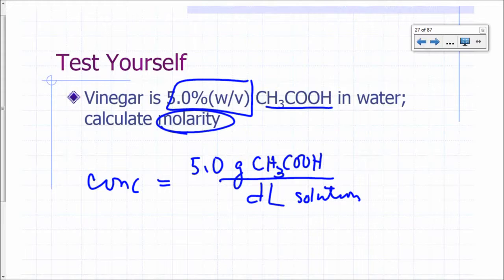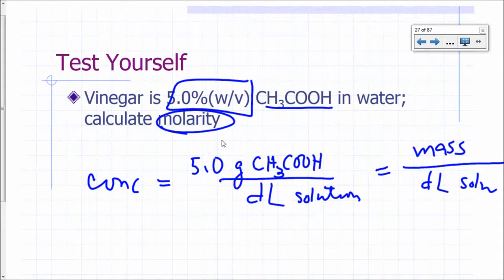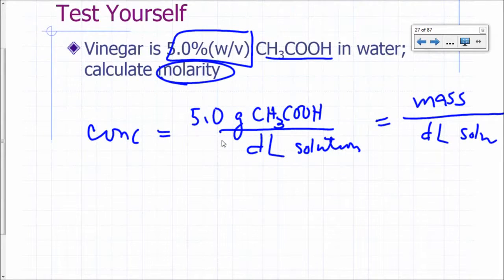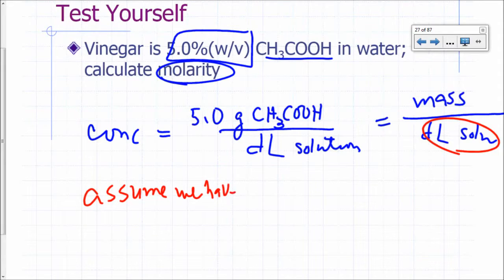So what did we say we were going to do? Assume that we know the numerator or the denominator. This is equal to the mass of acetic acid over the deciliters of solution. What would be a good number to assume to make calculations simple? A number like 1 or 100. So let's assume we have 1 deciliter of solution, that's the volume of the solution.